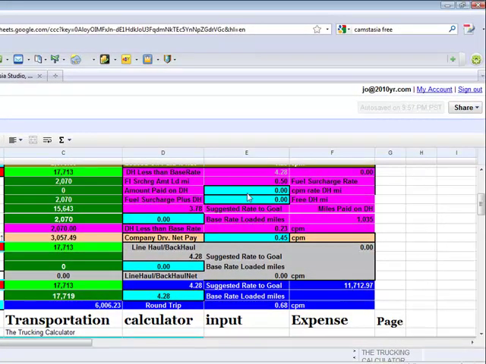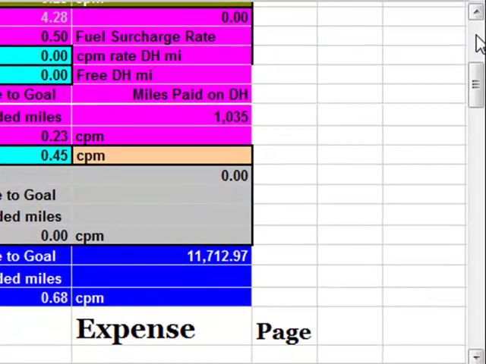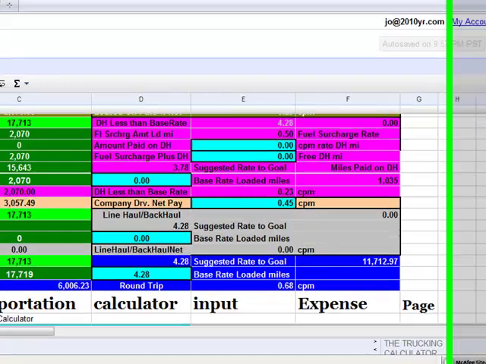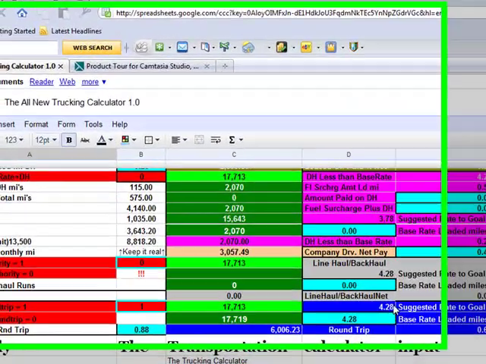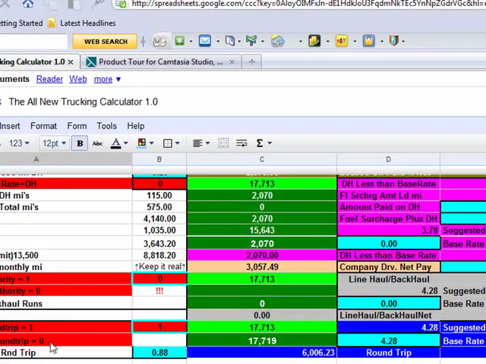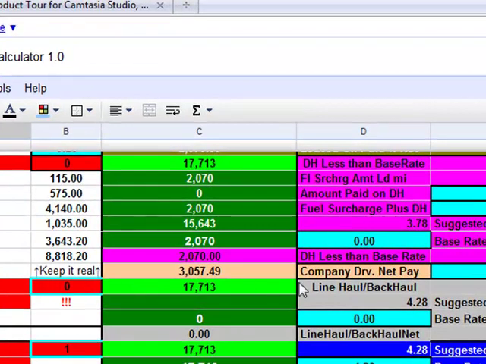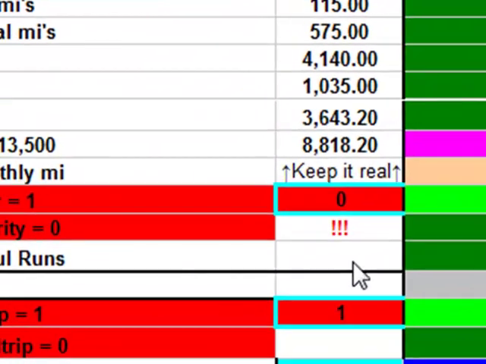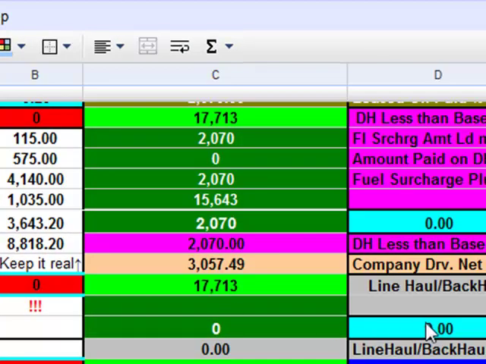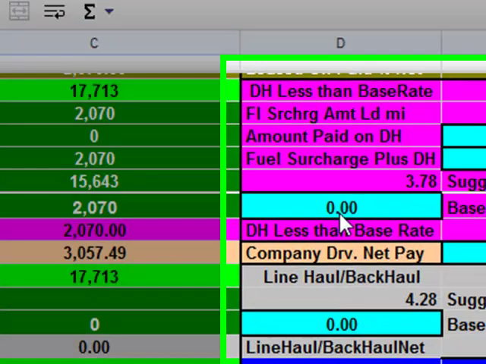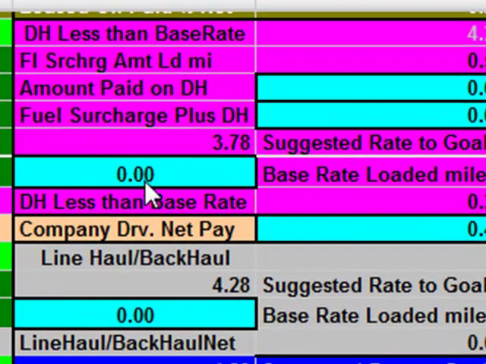Okay, so the light blue boxes are for input, and you can only work one of these situations at a time, either round trip or running your own authority, line haul, back haul, or running these. So if one of these is a one, the rest of them should be zeros. And likewise on the information in the boxes, at least these boxes. These ones don't matter all that much.